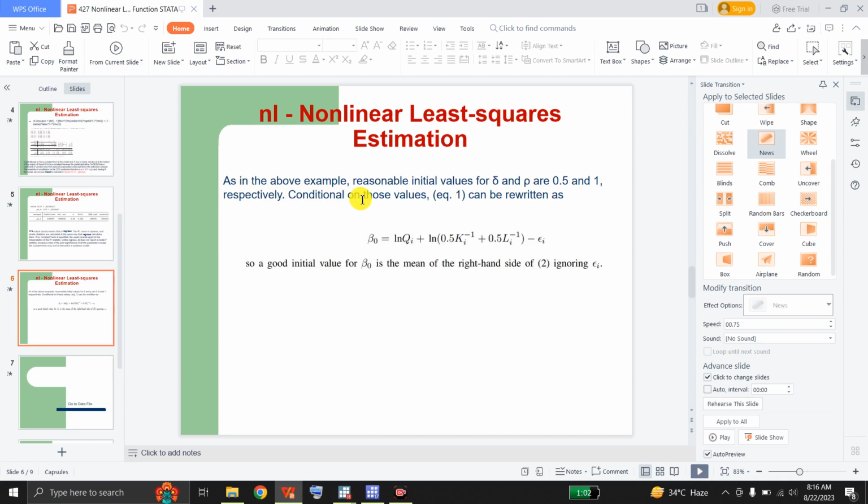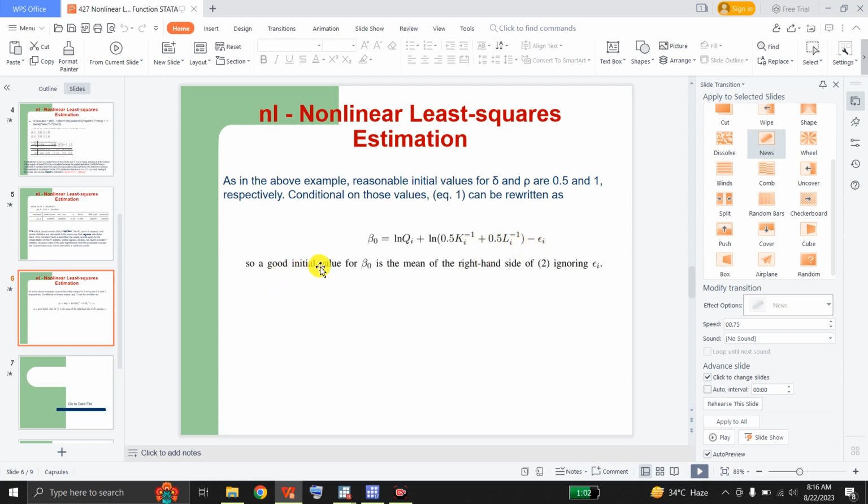Based on those values, equation number 1 that you saw earlier can be written as this, where beta naught, the constant of this model, is equal to the log of output for the ith firm plus the right hand side, where delta is equal to 0.5, 1 minus delta is also equal to 0.5, and since this is minus rho, this is minus 1 because the value of rho was assumed as 1, and this is the error term.